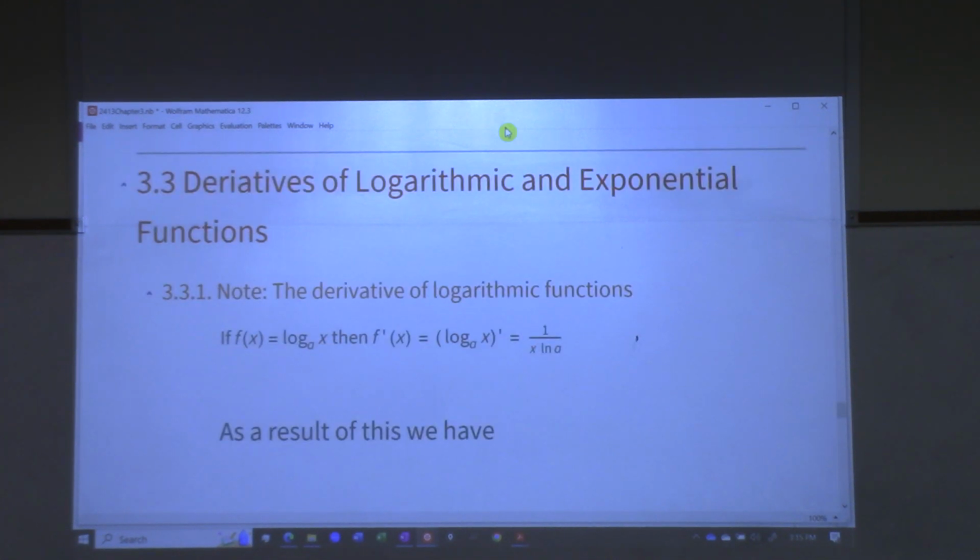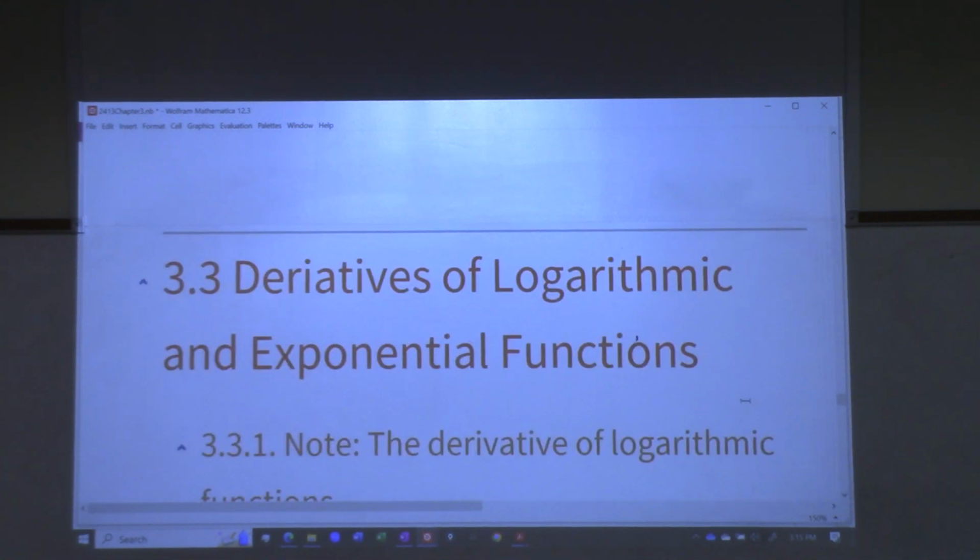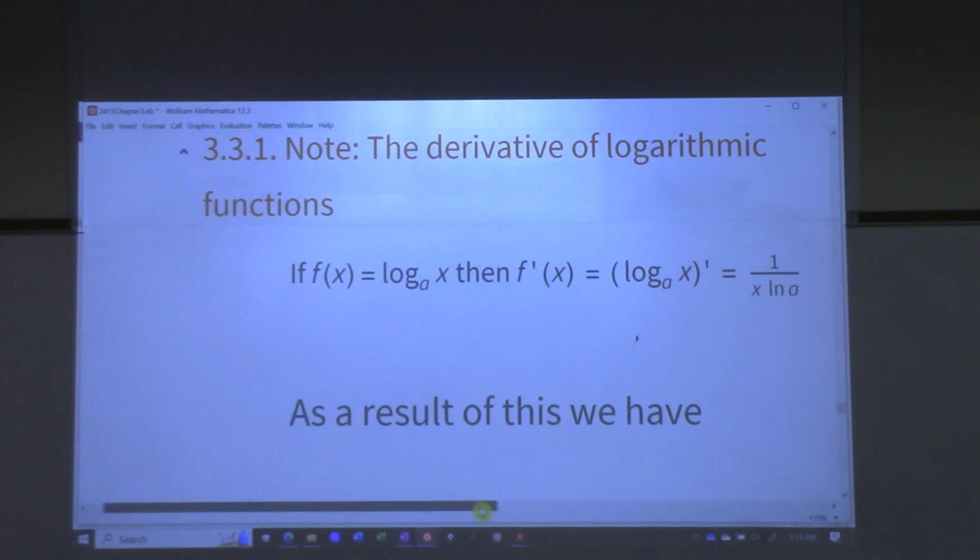So the first one that I'm going to give you here is I'm just going to give you the result. You're going to just take this on faith, because to prove this, I would need to use the limit definition, and y'all told me already to stay away from the limit definition, right?